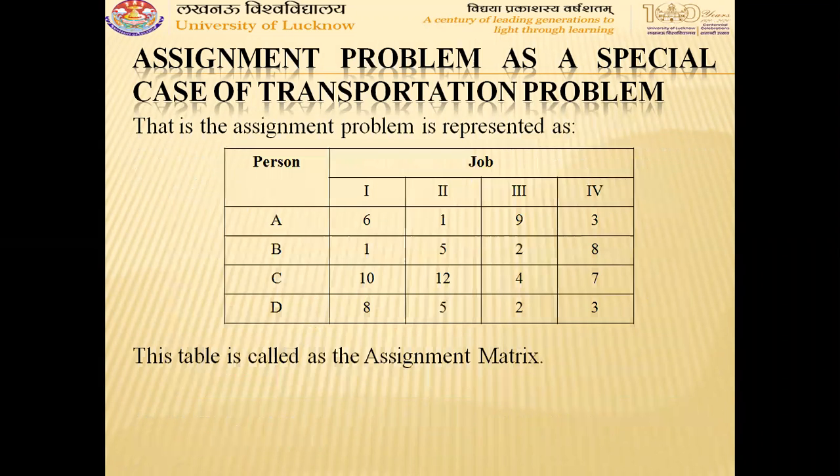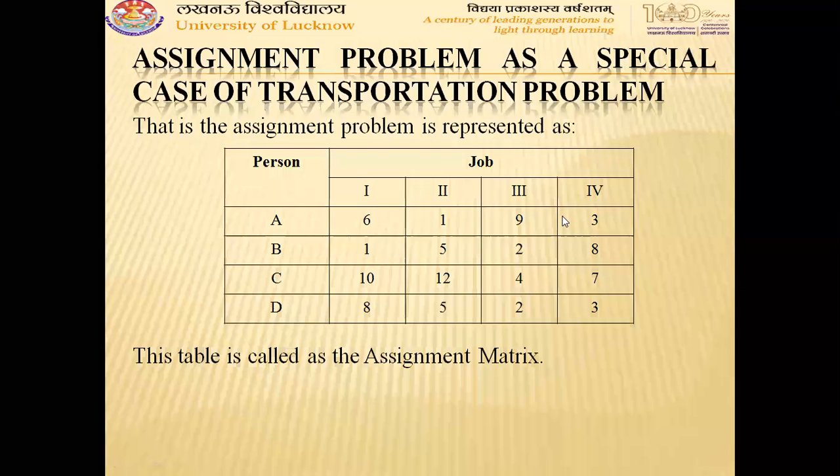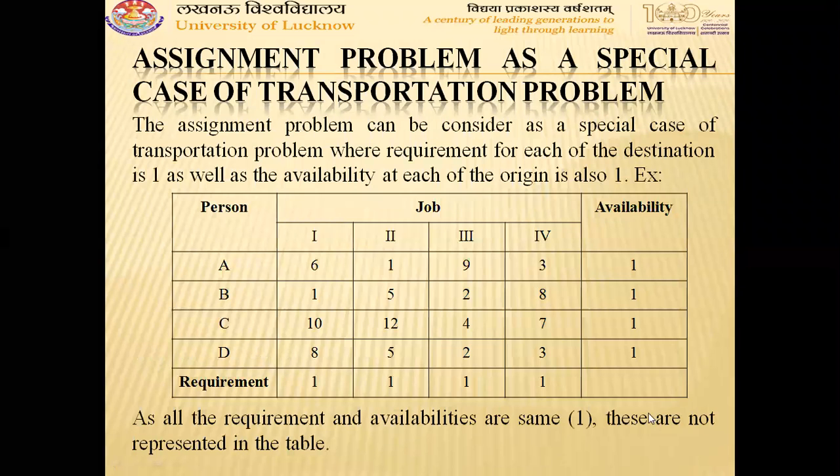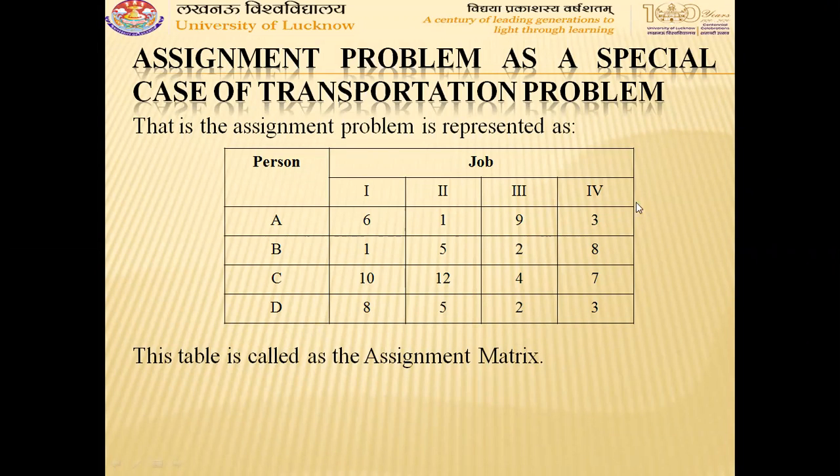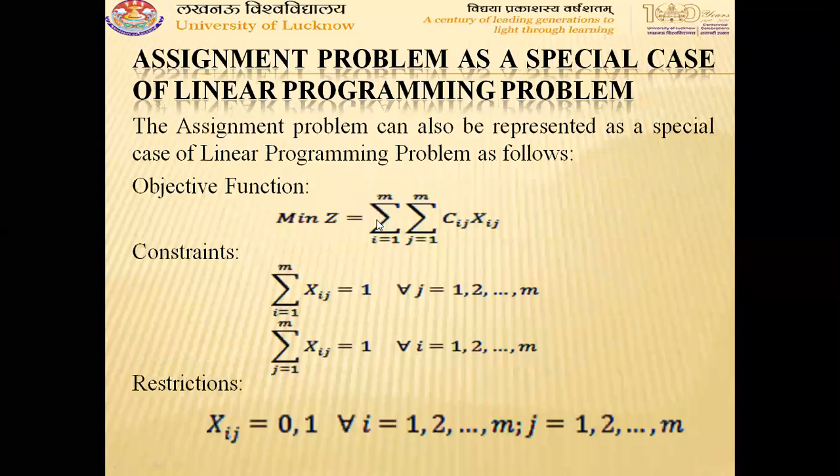Since availability and demand are all equal to one, we can represent the same table in this form where availability and demands are removed, and this table is called the assignment matrix. That is person, job, and cost of performing the job.